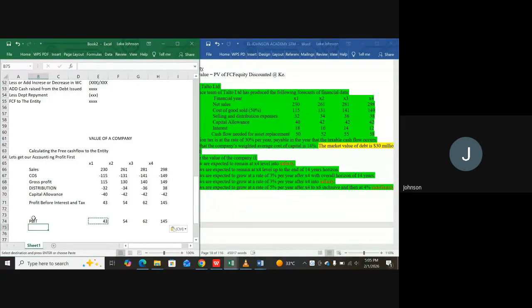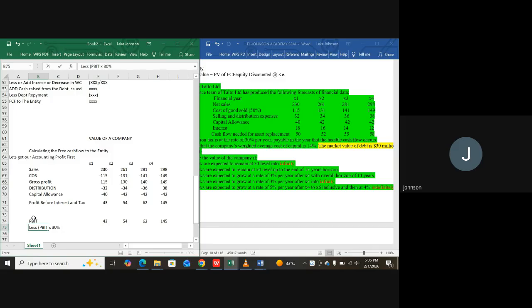So we now come here and say taxation, less tax. Our tax is going to be profit before interest and tax multiplied by the tax rate. What is the tax rate in the question? Is it 30%? Yeah, 30%.